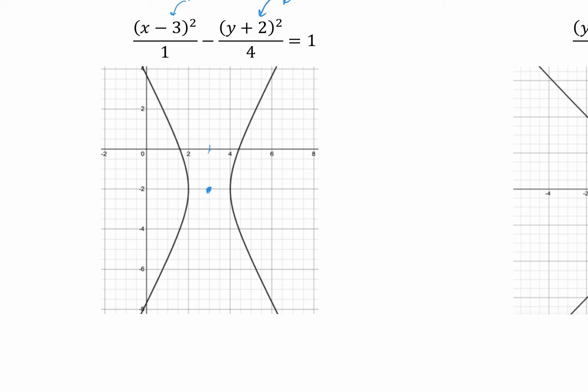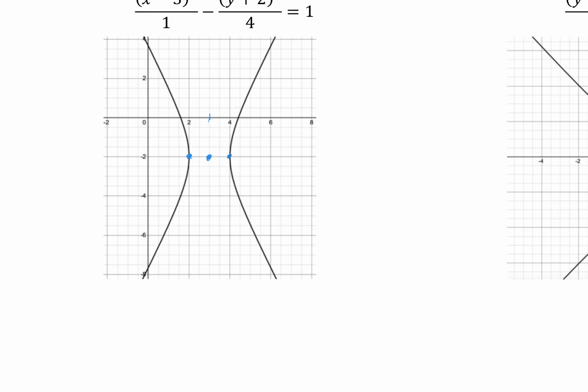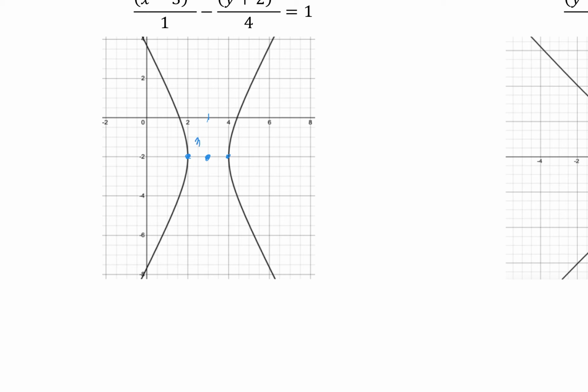So if you look at this hyperbola, the vertices are the innermost points, so they're the shortest point from the center. And since this is horizontal, to find our vertices, we're going to change our x value. First of all, this center, which is 3, -2, makes sense with my picture.